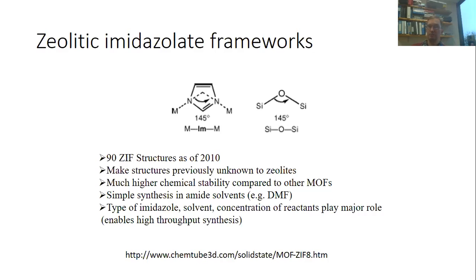Zirconium 4 plus, for instance, is known to produce quite chemically stable metal organic frameworks with carboxylate anions because of the very strong electrostatic interactions between the zirconium 4 plus and the ligand. So this bond does not hydrolyze easily anymore.